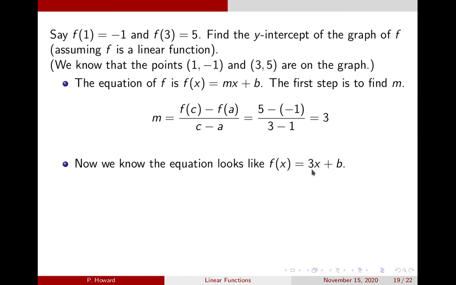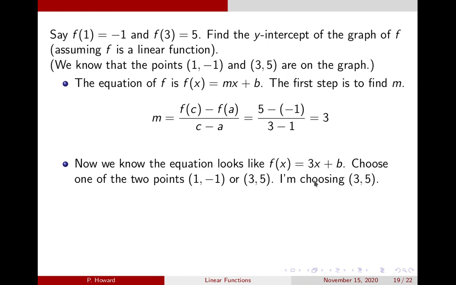I'm filling in the value of m that I found in the previous step. I'm going to choose one of the 2 points, either (1, minus 1) or (3, 5). Doesn't matter which one I choose, so I'm going to choose (3, 5).